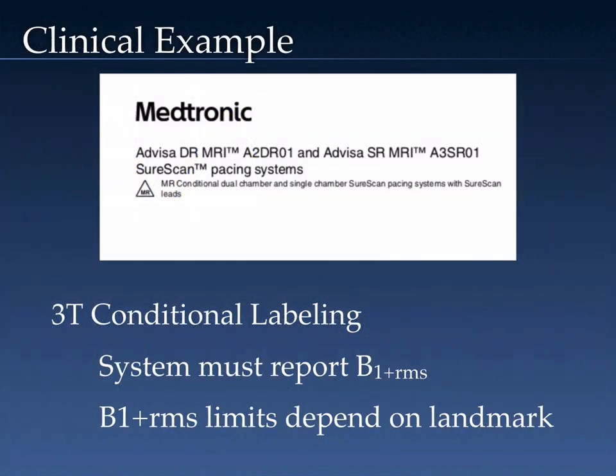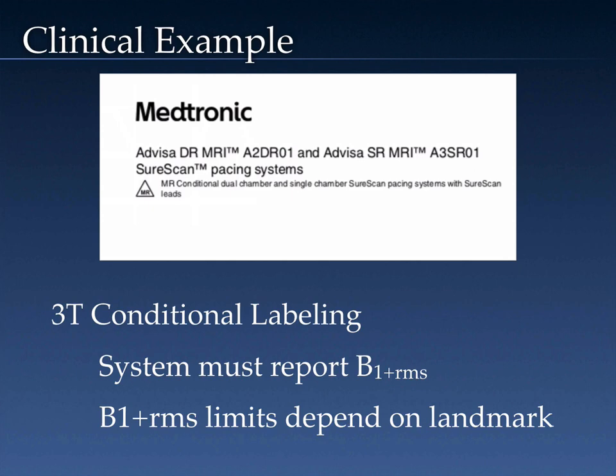Let's take a look at a clinical example of a device that has a B1+rms limit, and it's specified within the conditions of use. As you can see, this is a pacemaker with conditional labeling for 3 Tesla. Along with other conditions of use, the system must be able to report B1+rms. And the B1+rms limit will depend on the landmark that you select.